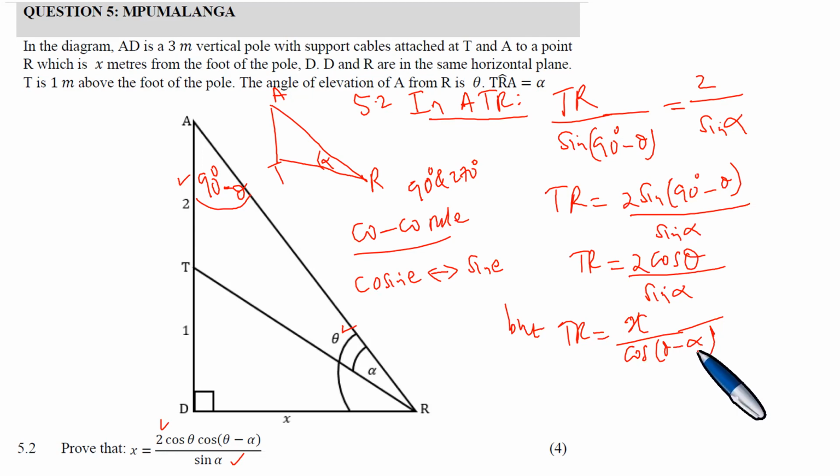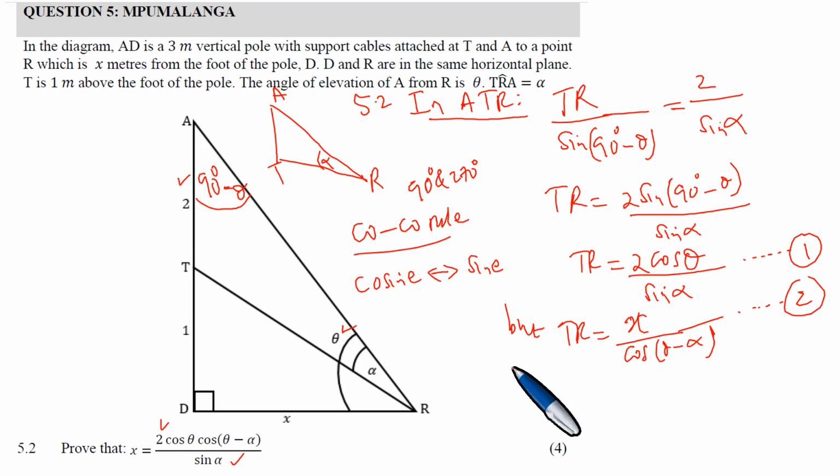Okay, we're done. So in other words, this one here is equation 1, and the bottom one is equation 2. But both of these are the same side of the triangle. They are the same thing, TR.